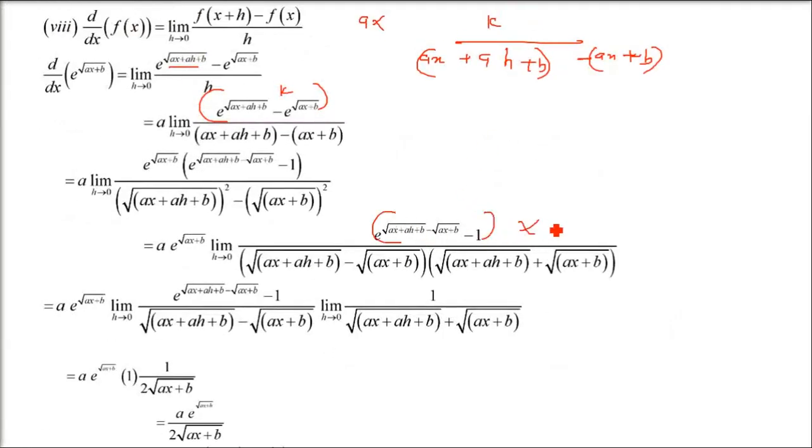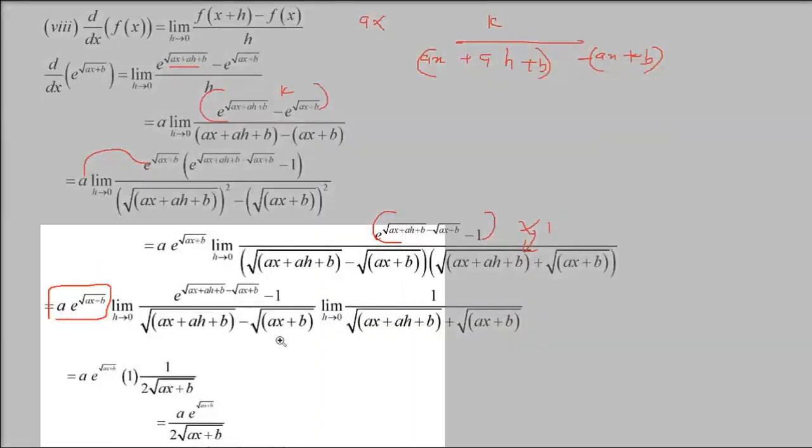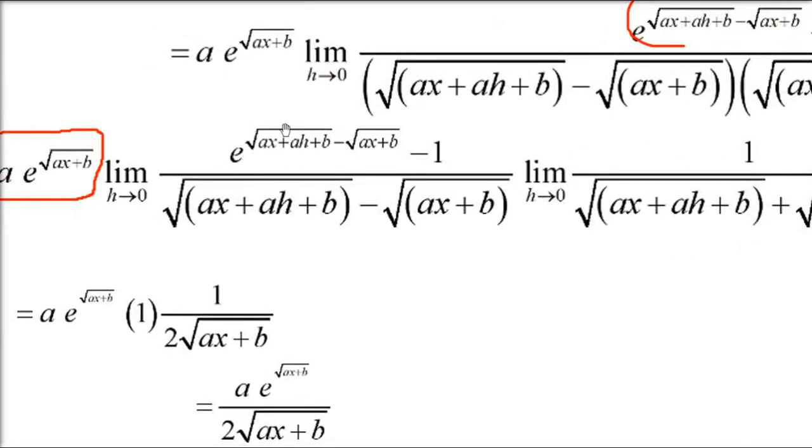See, this with this one, and 1 with the other one. A was already there. E under root ax plus b was already there. Then you have this whole term divided by this same term, minus 1.